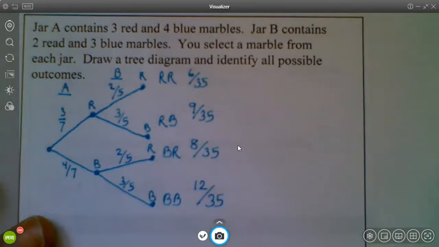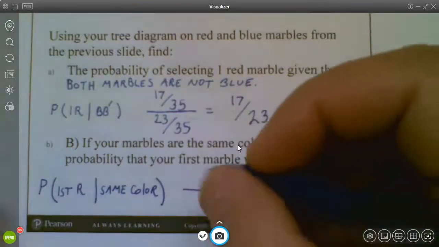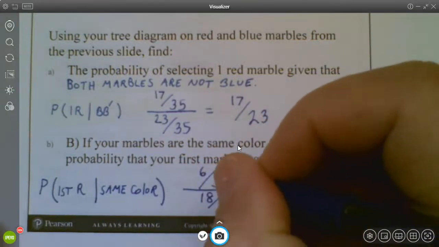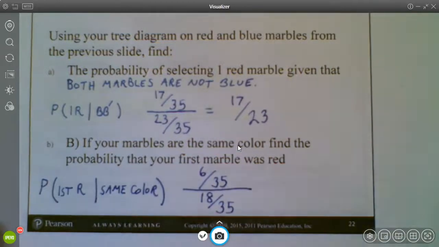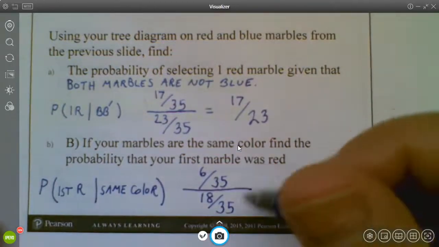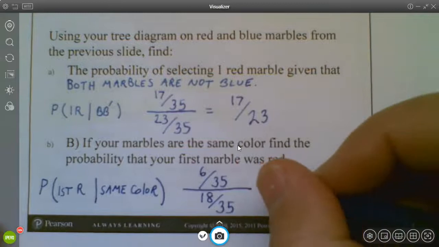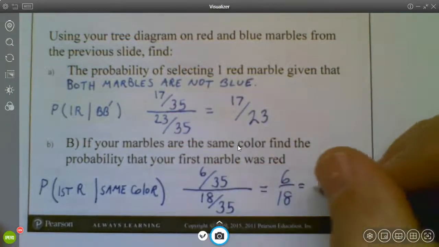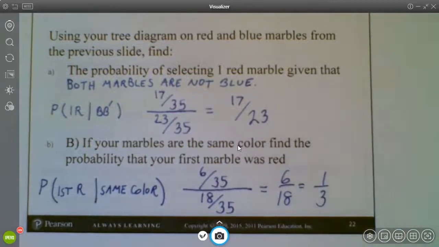So it fits both scenarios. That 6 out of 35 is the only case that fits the probability and the given condition. And again, you can knock out the 35s, and you get 6 out of 18, which is 1/3. Okay, so that's it for that one.